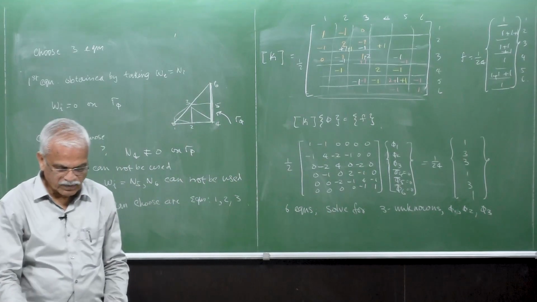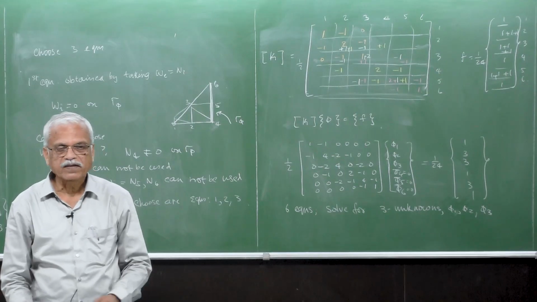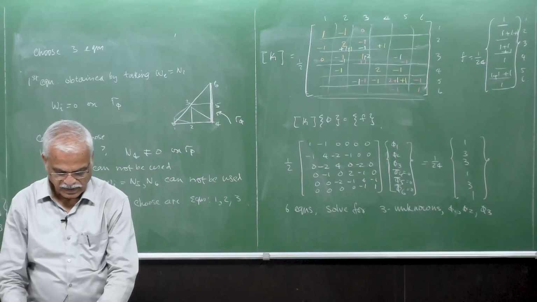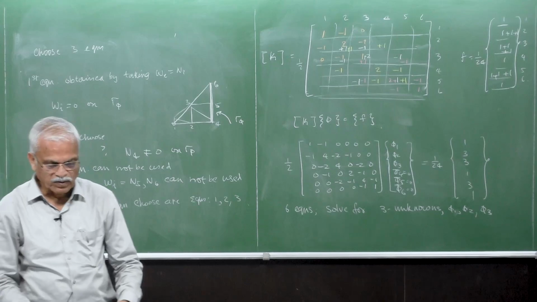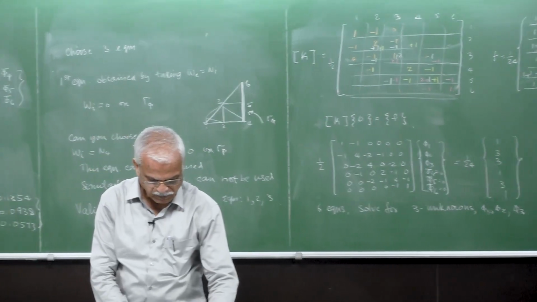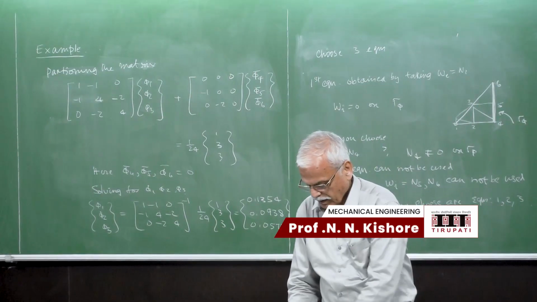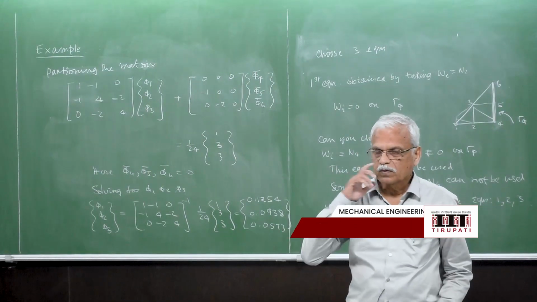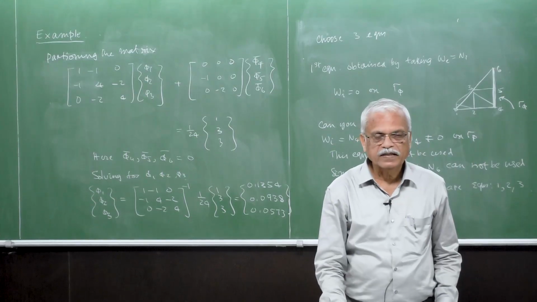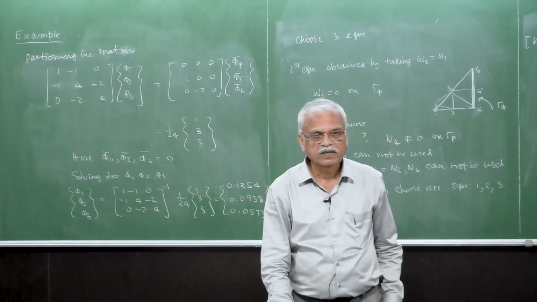In the next class, we will take up the solid mechanics application, which will be a little more involved because there will be one more variable. There are 2 variables in that, and we will take it up once you know this. Following that will not be that difficult. So we'll stop here. Bye.